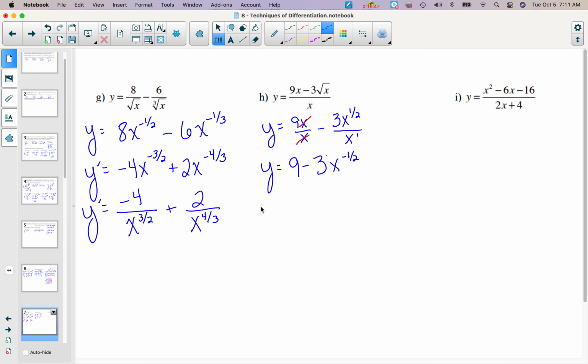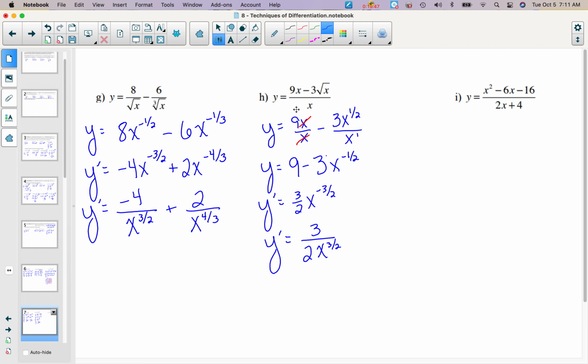So now from there, I can find the derivative. The derivative of a constant is 0. So then I have a positive 1/2 x to the minus 3/2. I'm just going to put the x to the 3/2 in the denominator so it can be written as a positive exponent. All right, so that's just a trick to split apart the fraction.